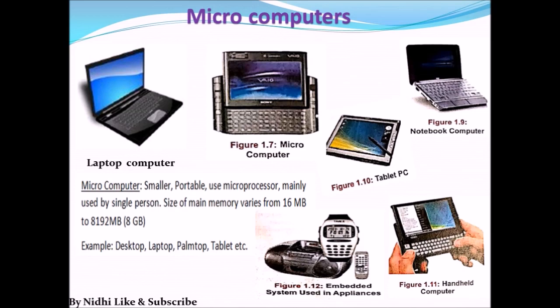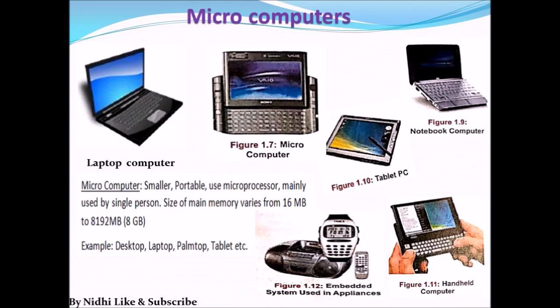Examples: desktop, laptop, palmtop, tablet, etc. Here are the images of these types of computers: laptop, microcomputer, and tablets. Handheld devices with embedded, inbuilt systems, such as smartphones and smart watches that we wear, also come under the category of microcomputers.